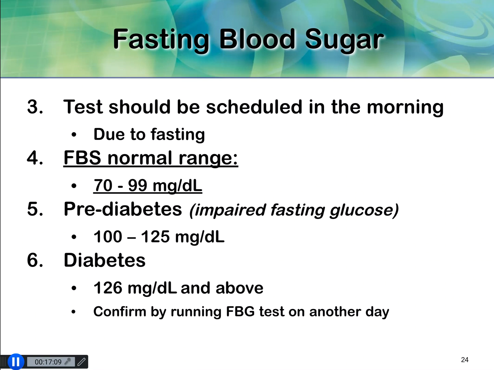And then if it's 126 and up, that's enough criteria for a diagnosis of diabetes. But it would usually be followed up with additional testing, so running another fasting blood glucose, and then we'll talk in a little bit about a hemoglobin A1C test. So there are other tests that they'll usually do before assigning the diagnosis of diabetes.